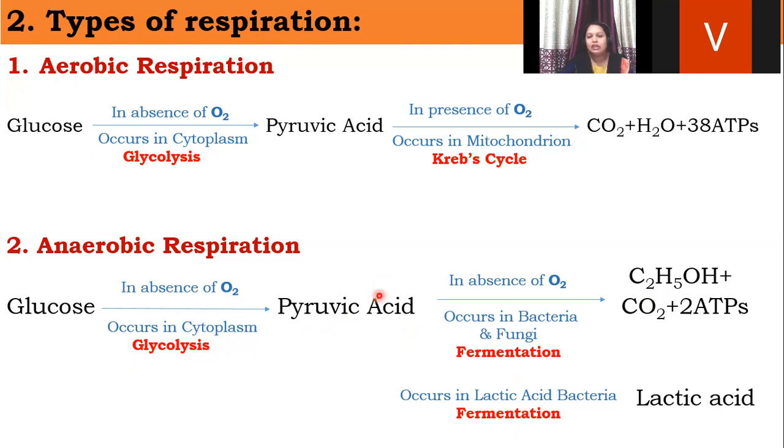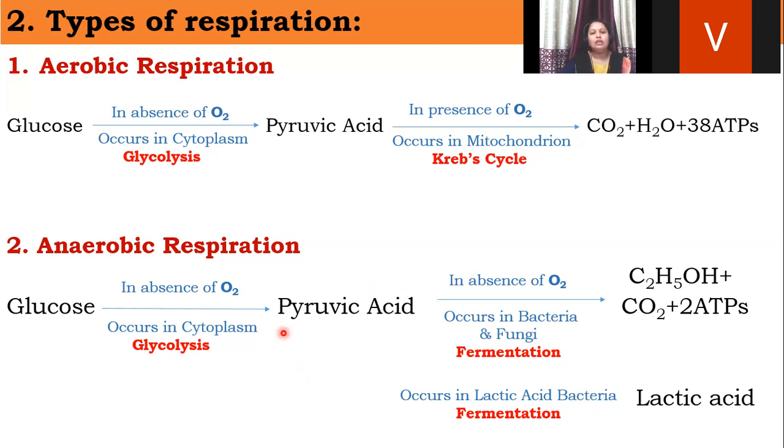So pyruvic acid can be converted into ethanol and carbon dioxide by forming two ATPs. The reaction occurs in absence of O2, and mainly occurs in bacteria and fungi. Whereas the other kind of fermentation, lactic acid fermentation, occurs in lactic acid bacteria as well as in humans, as we have already discussed, in the human muscle cells after heavy exercise.